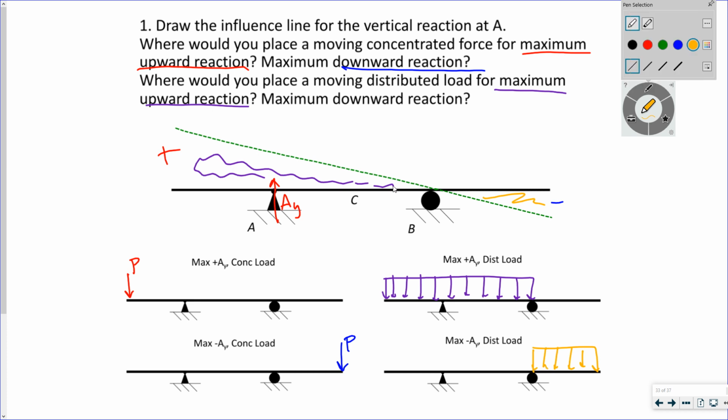Alright, think about it. What would be my displaced shape for this concentrated load, right? Probably be something like that.